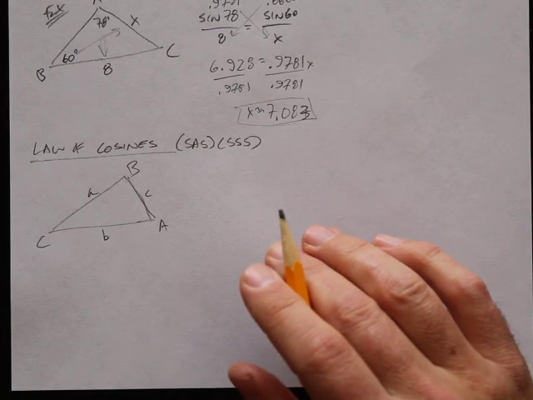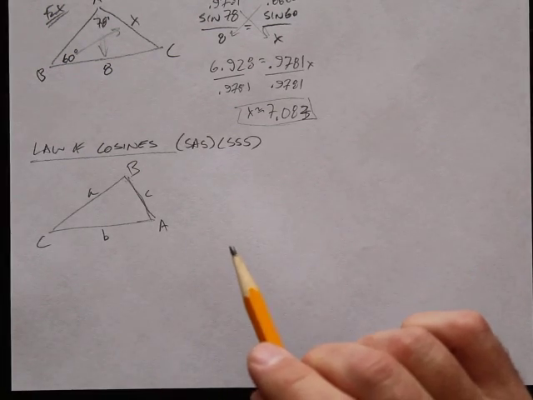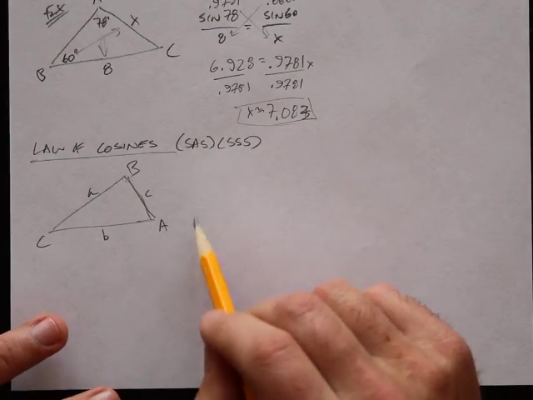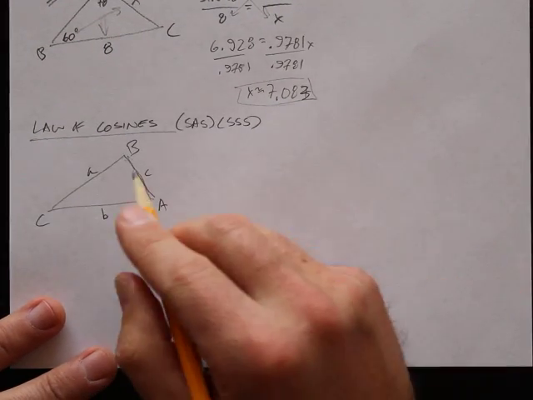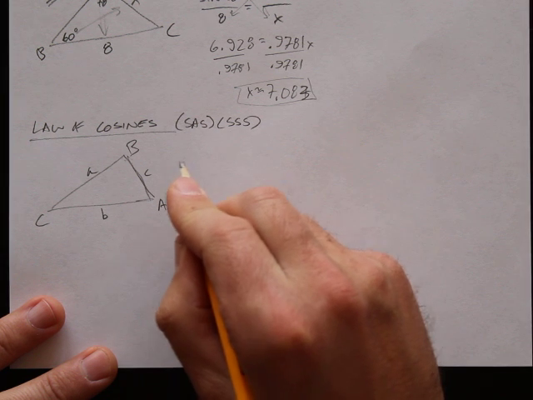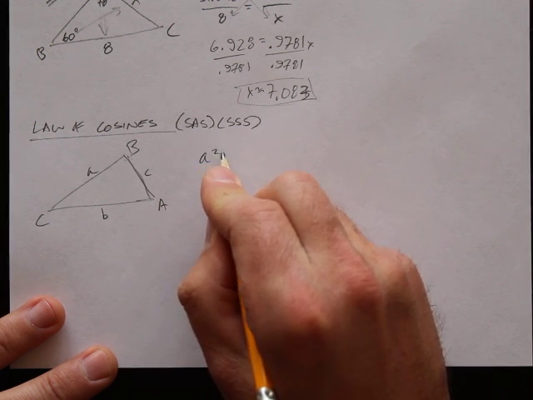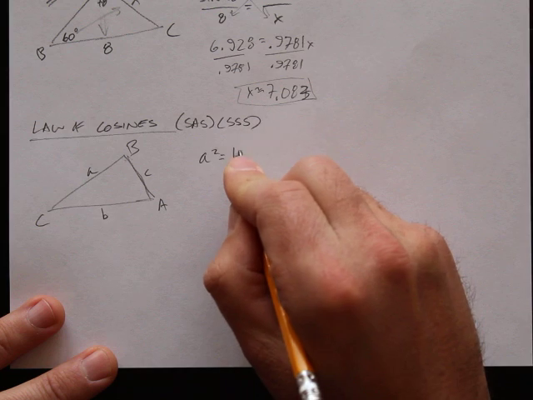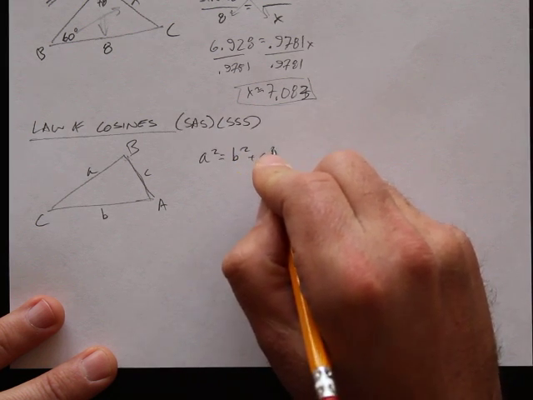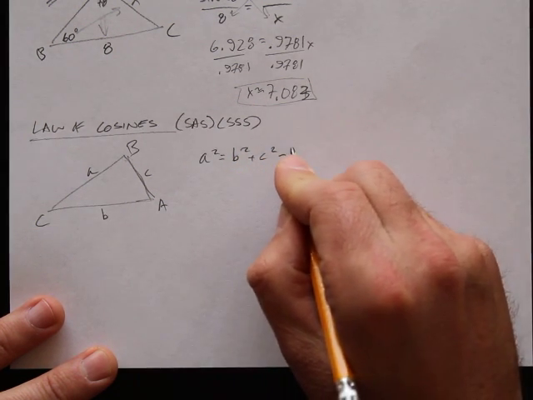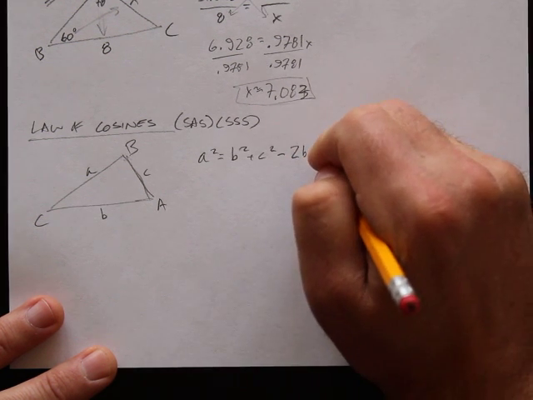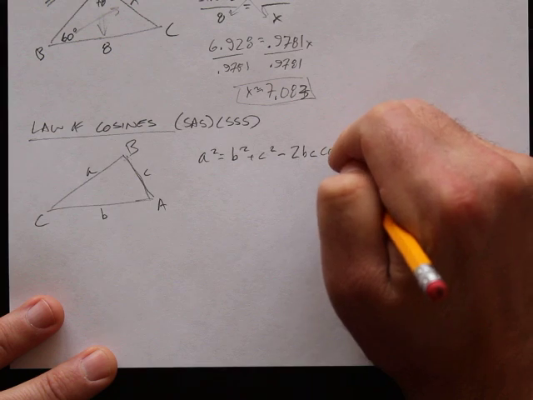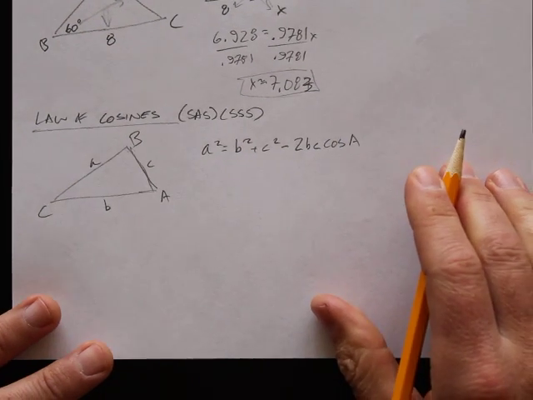All right, so law of cosines has three different formulas here, and they all follow the same pattern. I'm going to start with side A squared equals B squared plus C squared minus 2BC times cosine of A. All right, so here's the pattern.